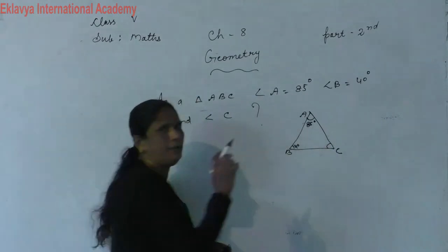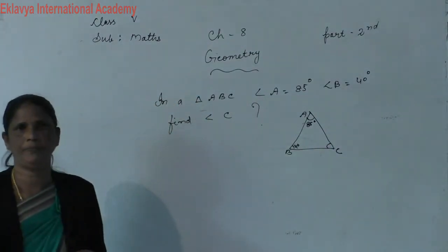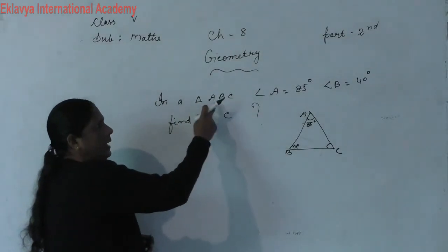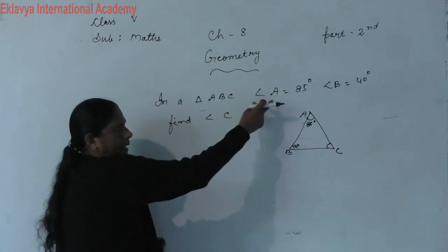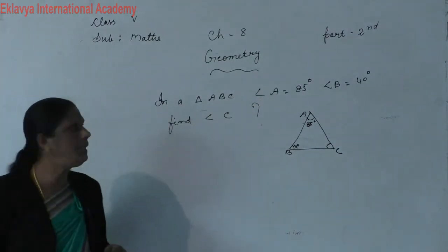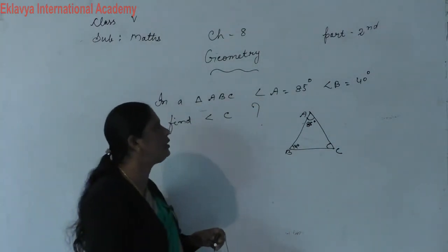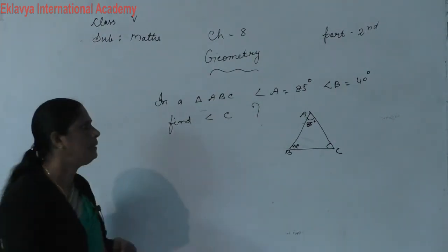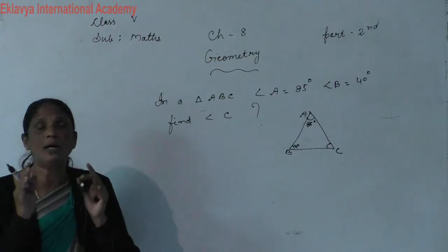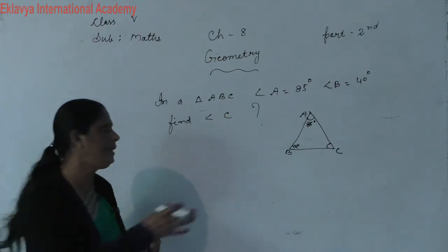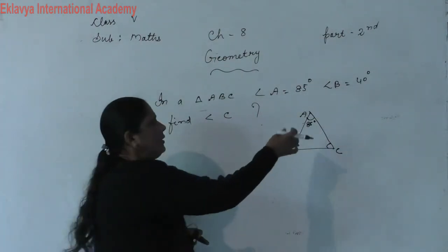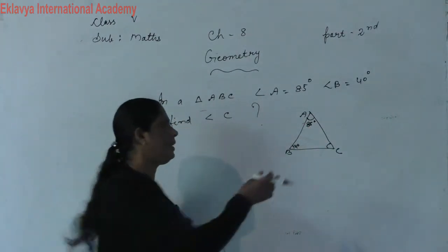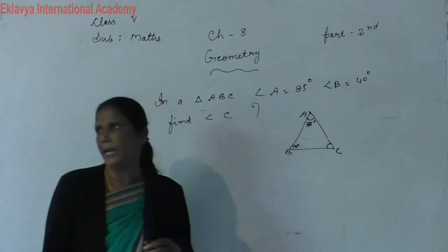Then you find angle C. Understand the question? We draw a sketch triangle, then write 85 degrees, 40 degrees and the missing angle C.